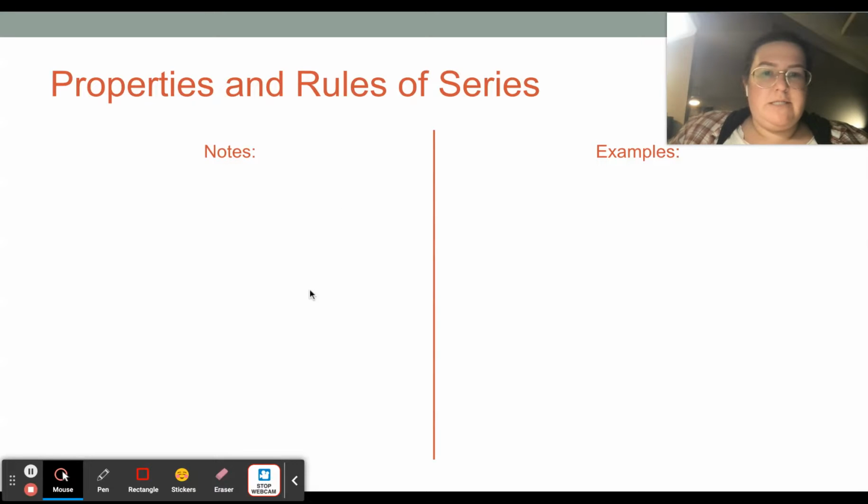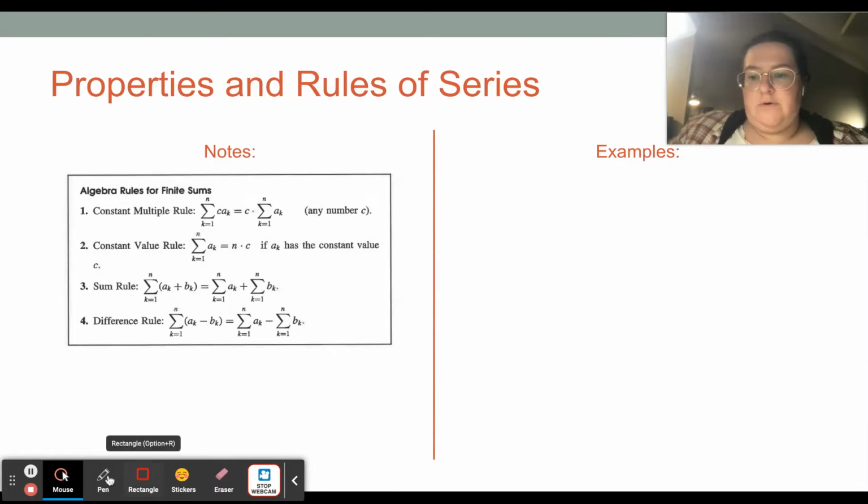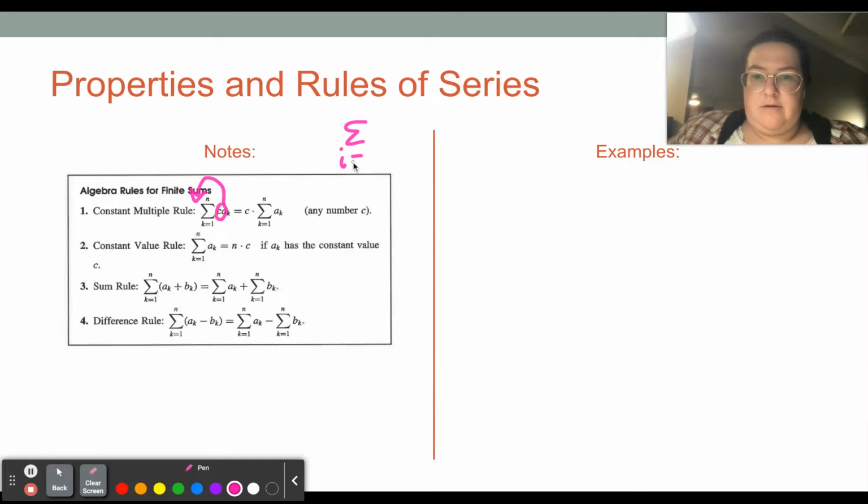So there are some properties and rules. This first one says if you multiply by a coefficient, you can pull it out. So if you have the sigma of 4x, you can pull out the 4 in front. This one implicitly says that if this were c, then this is the formula.